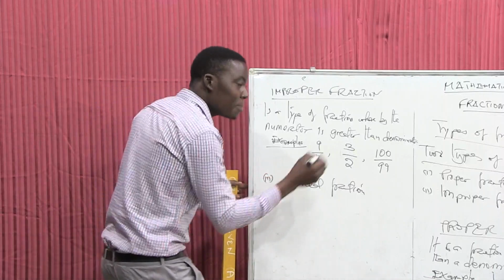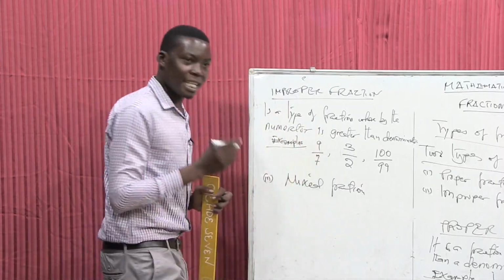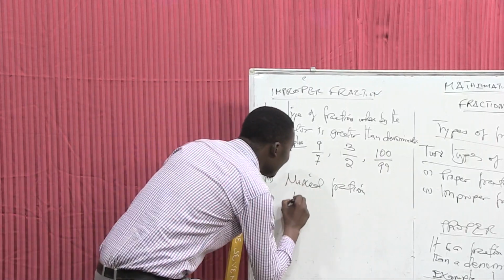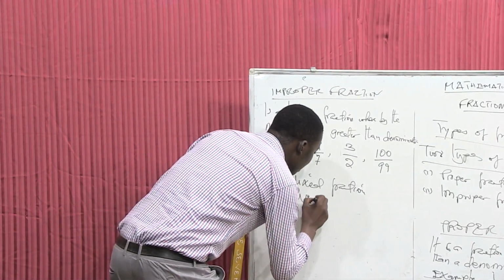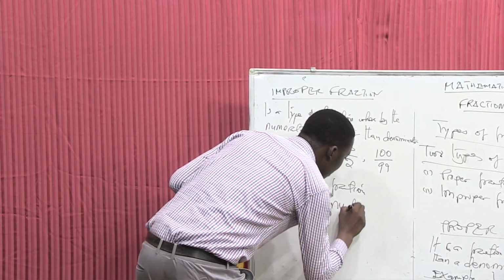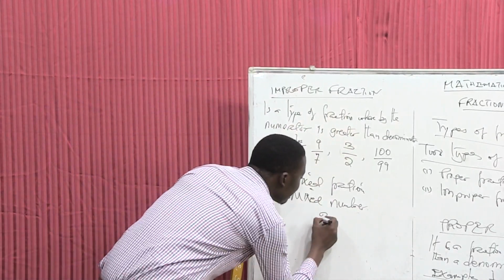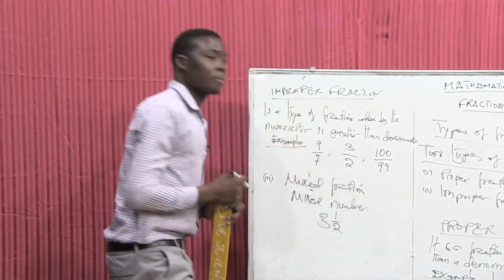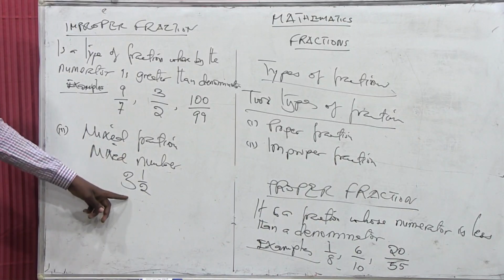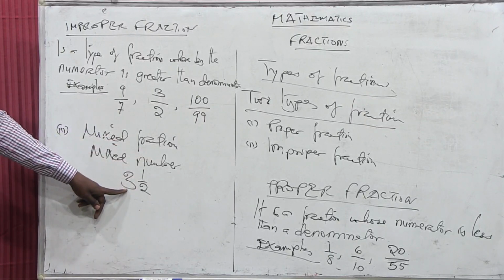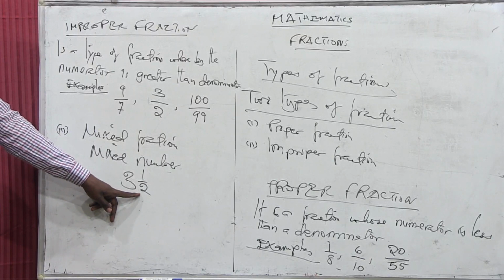Mathematicians now come up with criticism, saying we don't have mixed fraction, but we have mixed number. How does it look? You find maybe 3, 1 over 2. Now, if you say it's a mixed fraction, that means this one should be a fraction, and this one also should be a fraction.